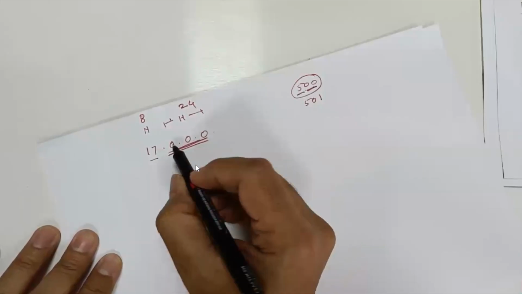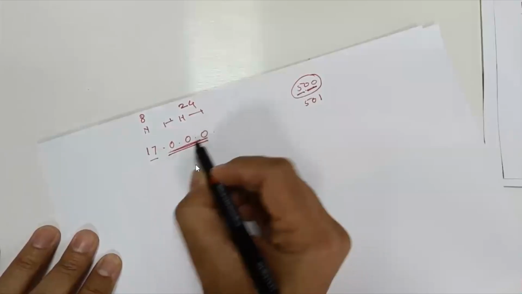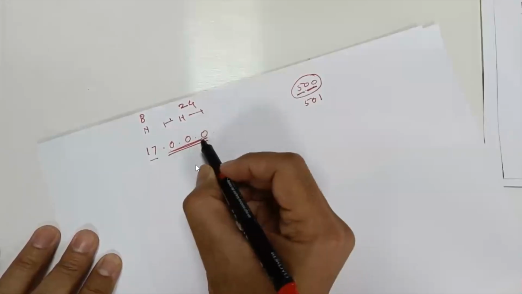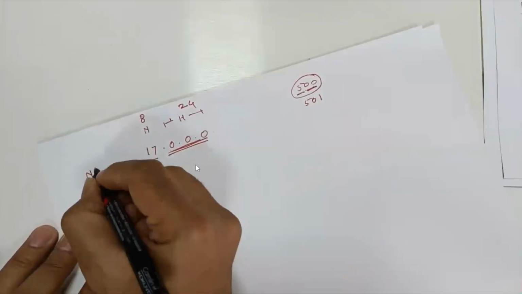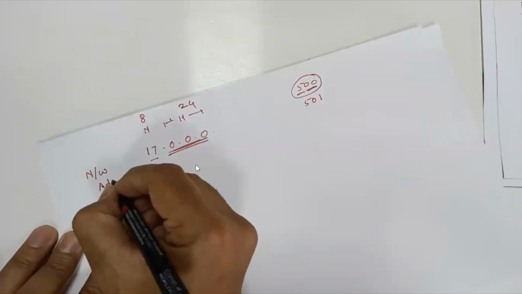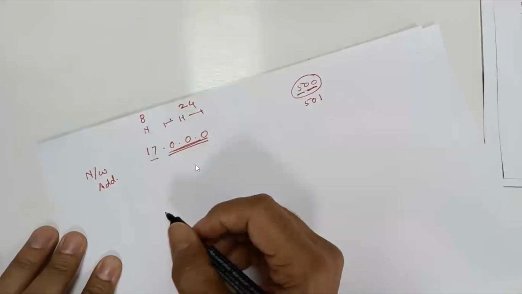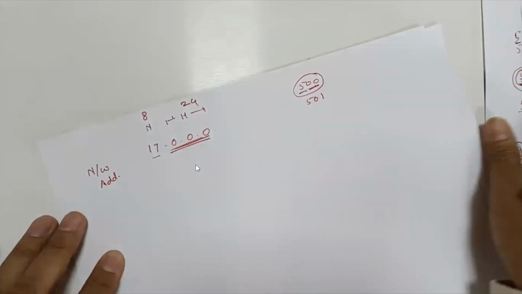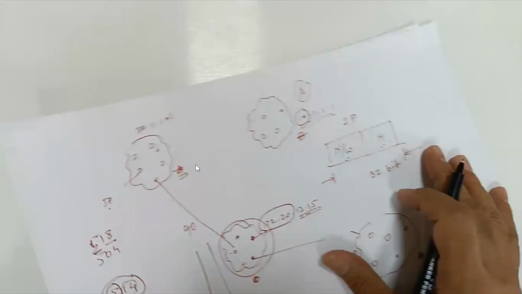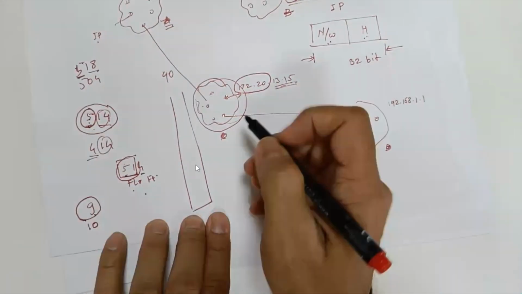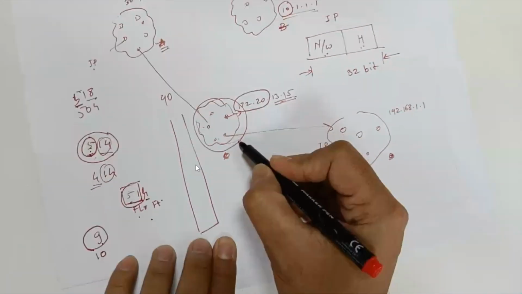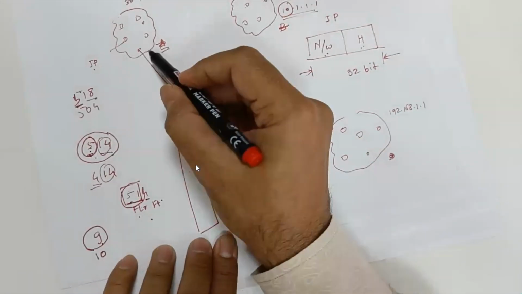As soon as all the host bits are 0, that becomes a network address. You are directly identifying either this network, or this network, or this one.